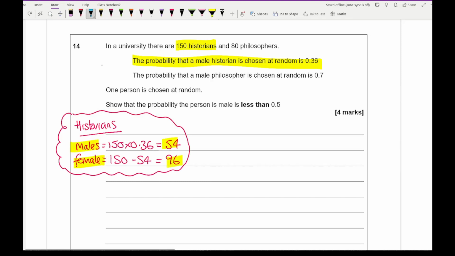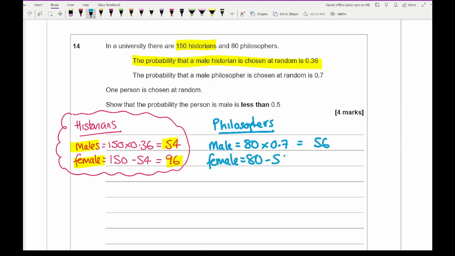So then if I do the same, but this time for the philosophers, here the number that are male is going to be 80 multiplied by 0.7, which gives me an answer of 56, and therefore the number that are female is going to be 80 minus 56, which is 24.